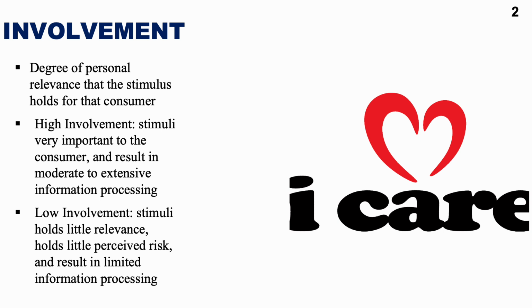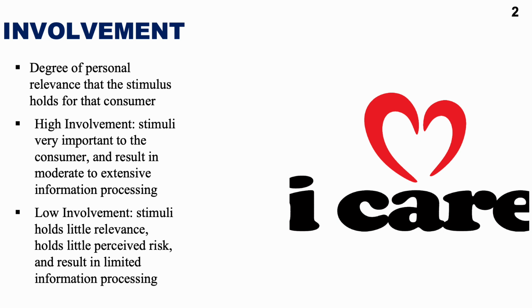So there are certain things that are high involvement, meaning that the stimuli is very important to the consumer. And so because it's important to the consumer, they engage in moderate to extensive information processing. So when they see it, they attend to it, they comprehend it, they place it in their memory, they retrieve it later, right? And this is a moderate to extensive process.